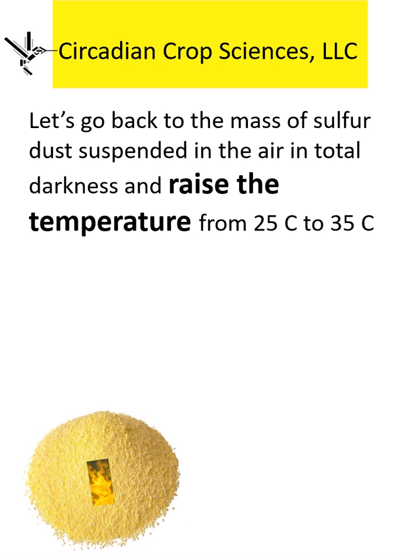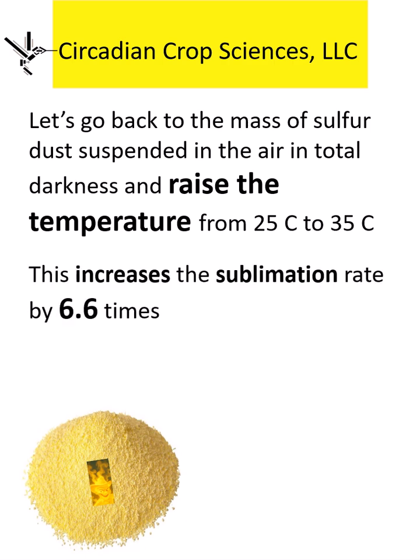Let's go back to the massive sulfur dust suspended in the air in total darkness, and let's raise the temperature from 25 degrees C to 35 degrees C and see what happens. This increases the sublimation rate by 6.6 times.